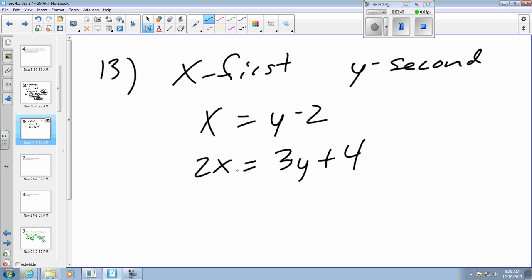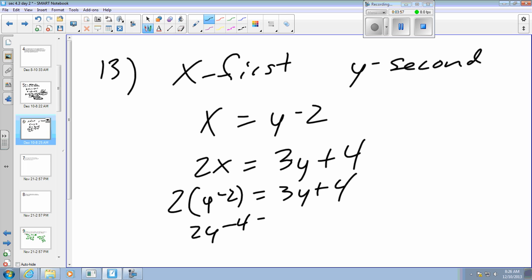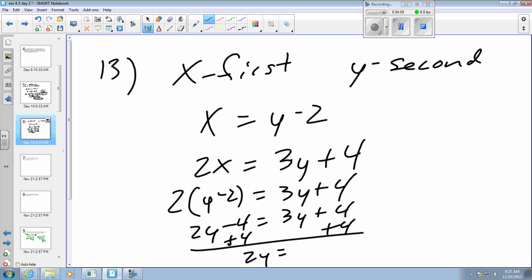Let's substitute in. 2 times the quantity y minus 2 equals 3y plus 4. 2y minus 4 equals 3y plus 4. Let's add 4 to both sides. I get 2y equals 3y plus 8.